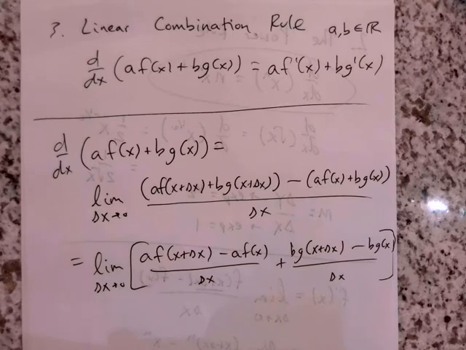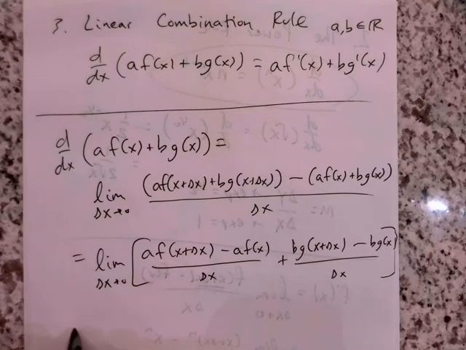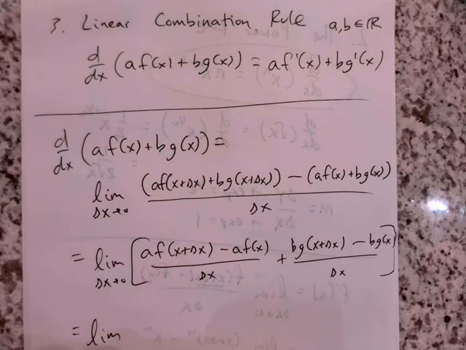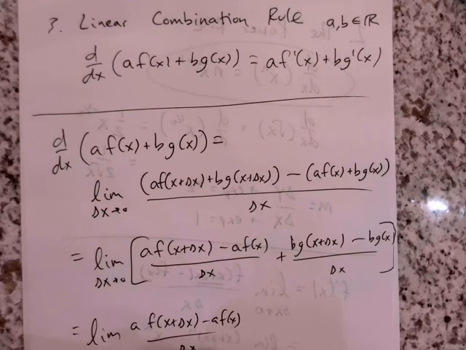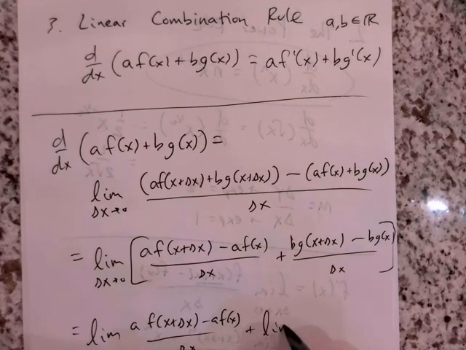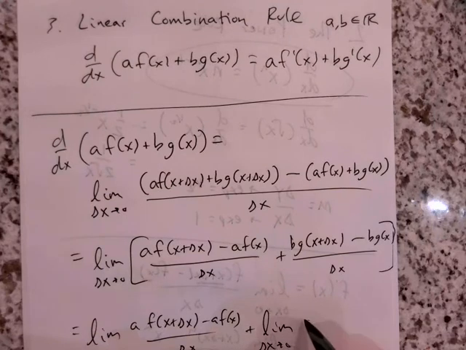We learned in lecture 1 that the limit of a sum of two terms is the limit of each piece. So we have the limit of just our f terms plus the limit of our g terms.